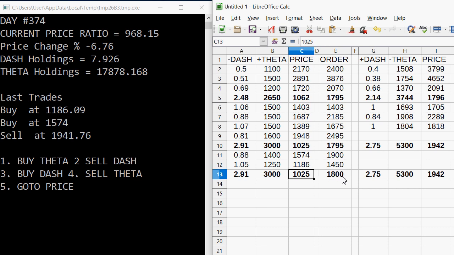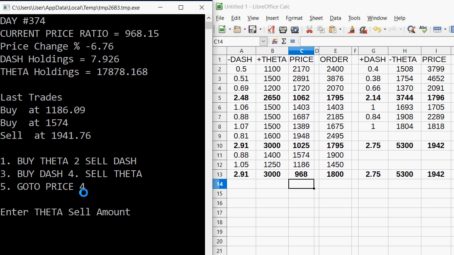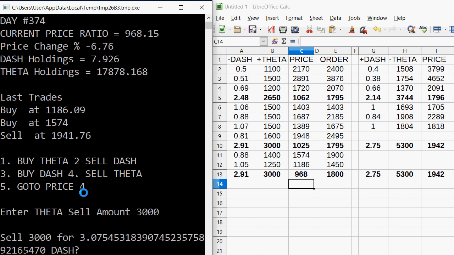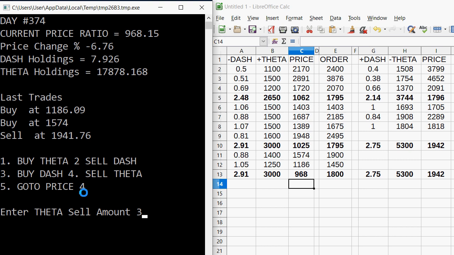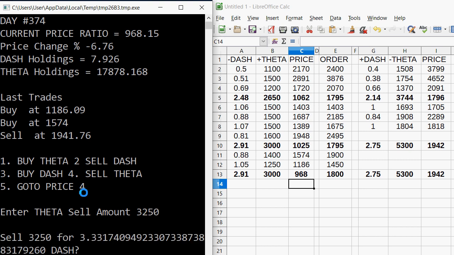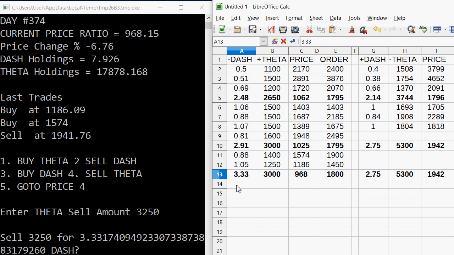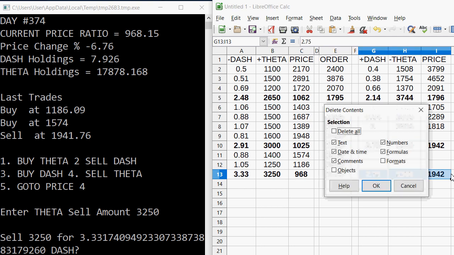Sell it at about 1800. And how many theta do we want to go? Last time we did 3000. What would 3000 do this time? It would do 3.07. I want to increase it a little bit more. 3250 would give me 3 1/3. And then again, let's just sell that at 1800.